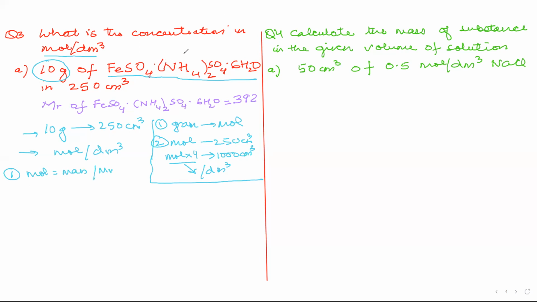As I have previously told you, this is a very complex molecule, so we have to be very alert and very careful while calculating the Mr for this compound. I have already calculated the Mr, though it is not part of the question. It's not given in the question, so we have to calculate it very alertly. So I calculated it's 392. So the mass we have, that's 10 grams, we will be dividing by 392 in order to get the moles.